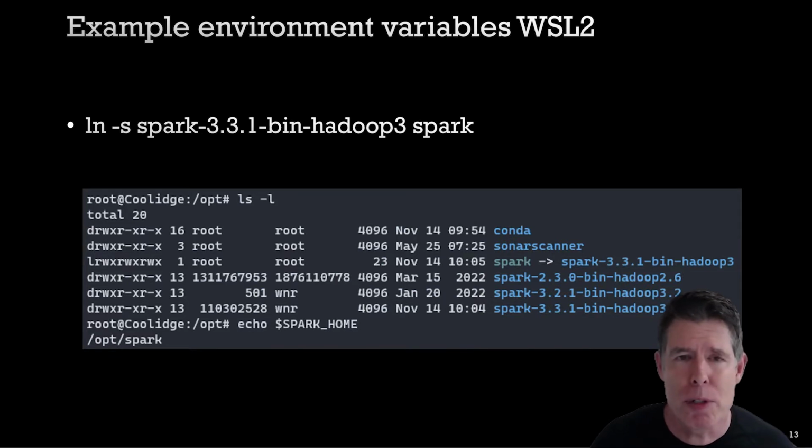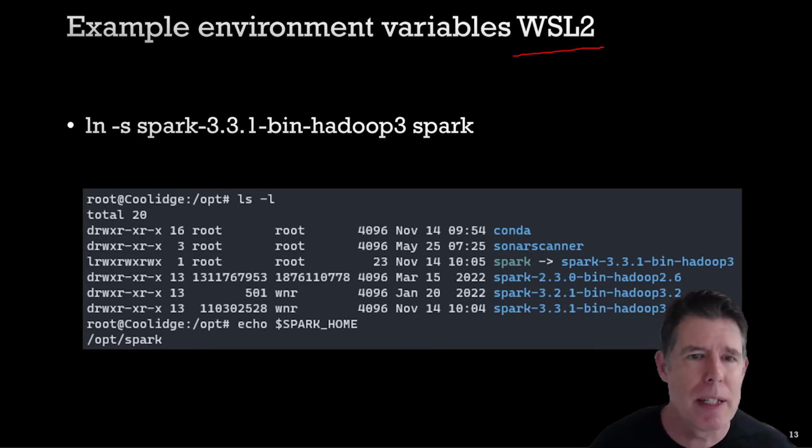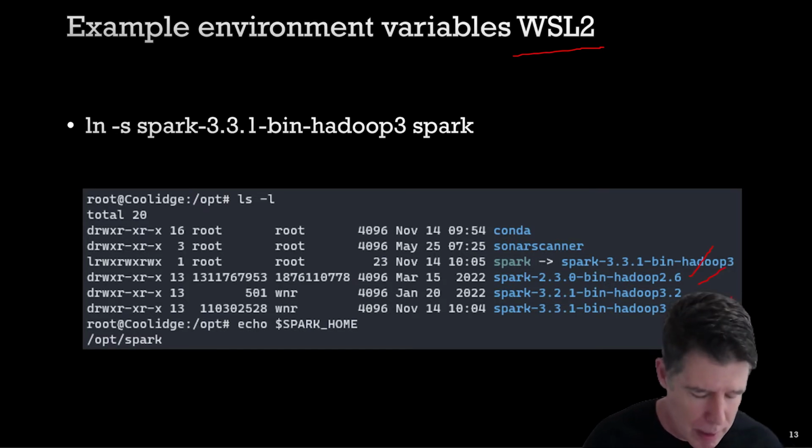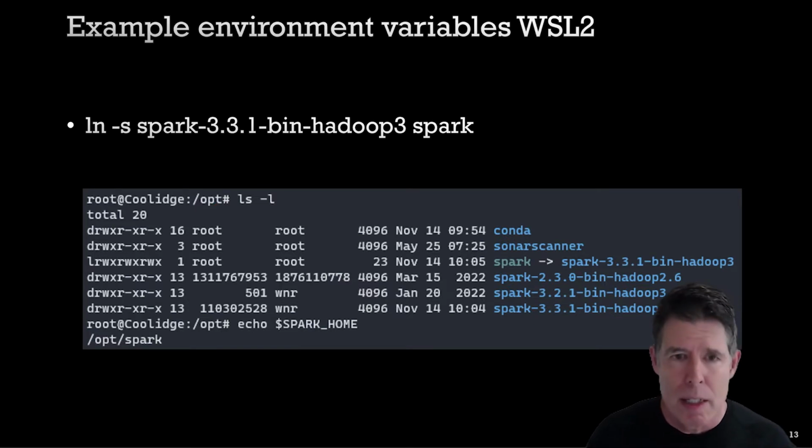Okay, I mostly work with Windows Subsystem for Linux, WSL2, the newer version of it, and here are just some tips. If you're not real familiar with Unix-like commands, I installed different versions of Spark in /opt.